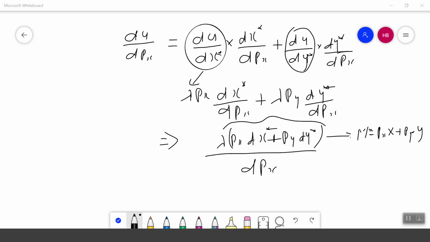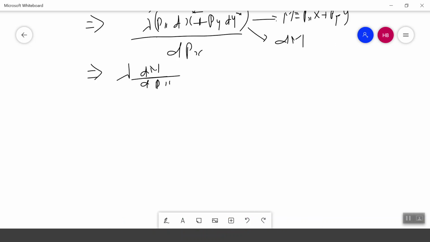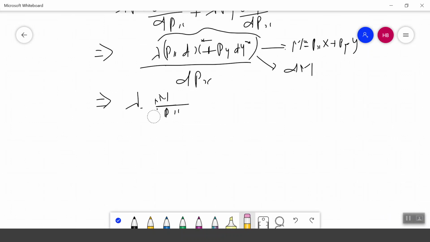So m is equal to pxx plus pyy. So this expression gives you dm. Now ultimately this is your lambda dm by dpx. Now your money income divided by price, with respect to price x, we can write this as x, which will go in the negative direction, so minus lambda x.